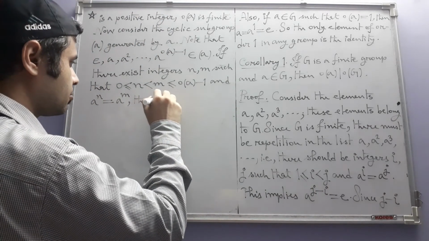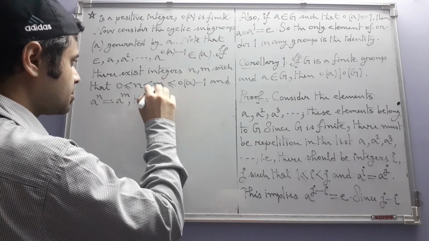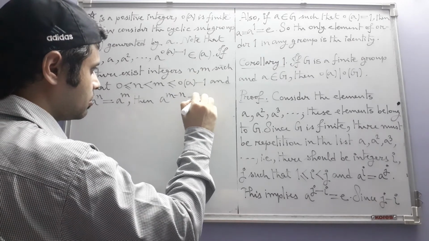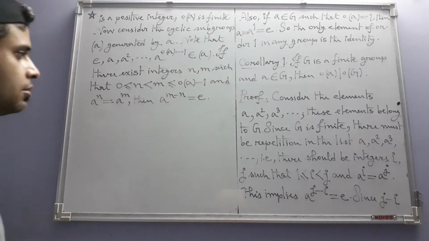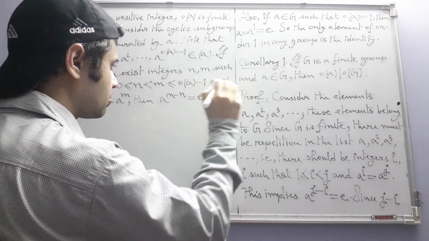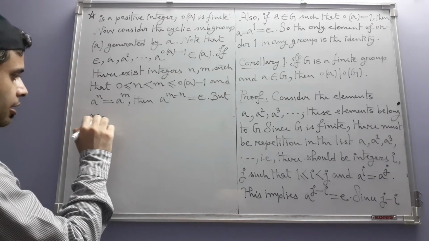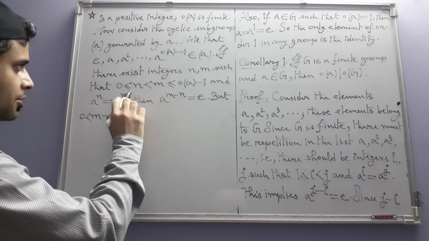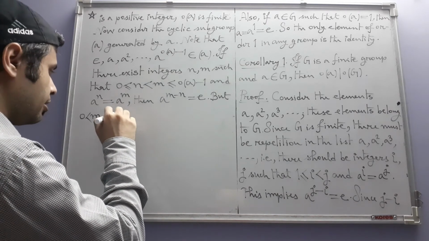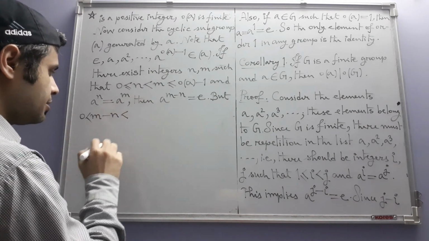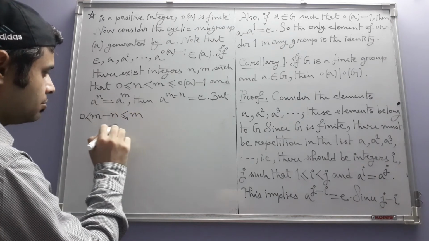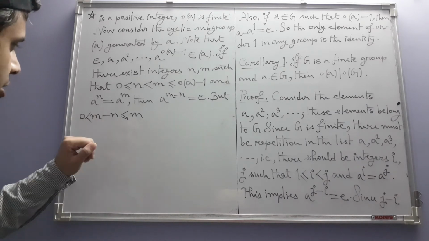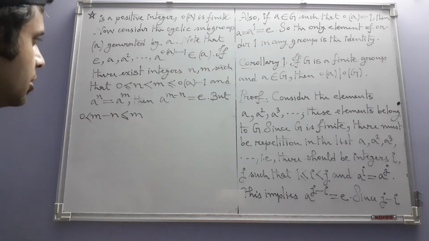Then a to the power, since n is less than m, we have a to the power m minus n is equal to identity, but m minus n is a positive integer, and m minus n is positive because n is less than m, and this is less than or equal to m because n is non-negative. We are subtracting a non-negative integer from m, so its value will be less than or equal to m.